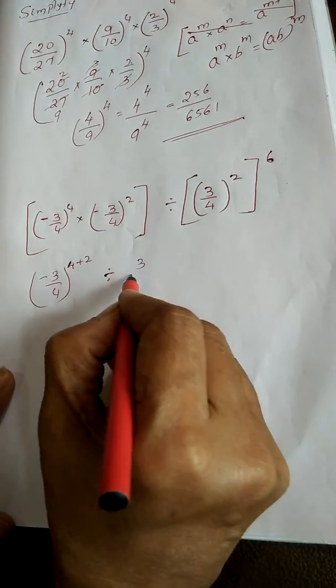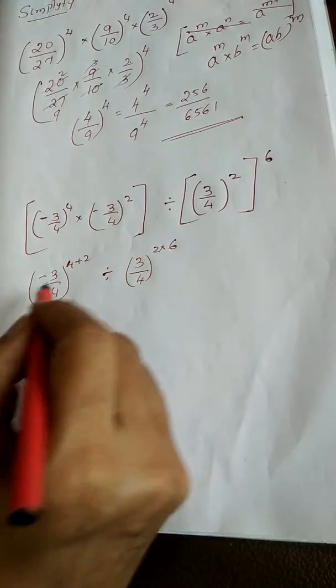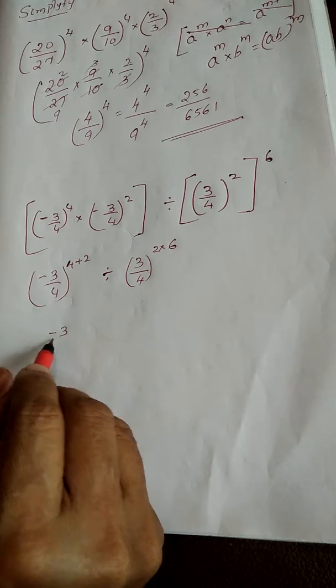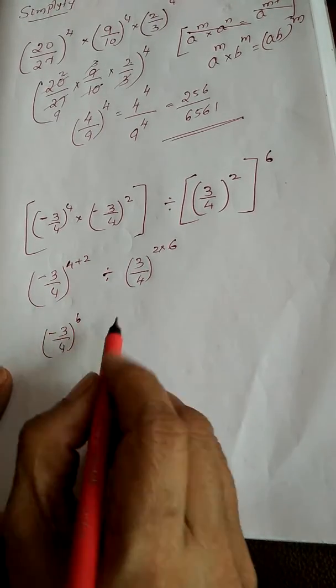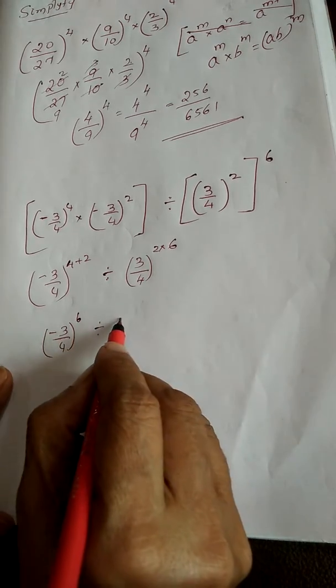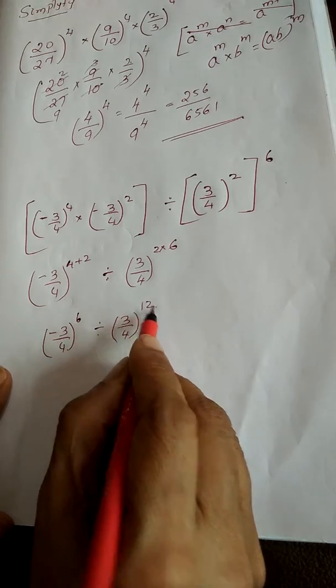So we will write it as 3 by 4, the whole to the power of 2 into 6. So this will become minus 3 by 4 to the power of 6 divided by 3 by 4 to the power of 12.